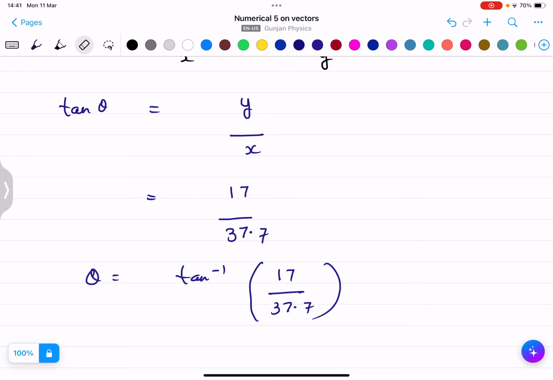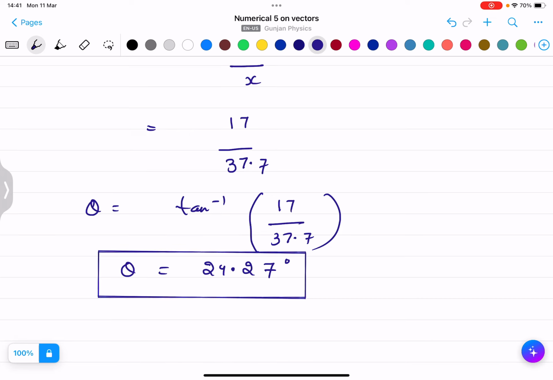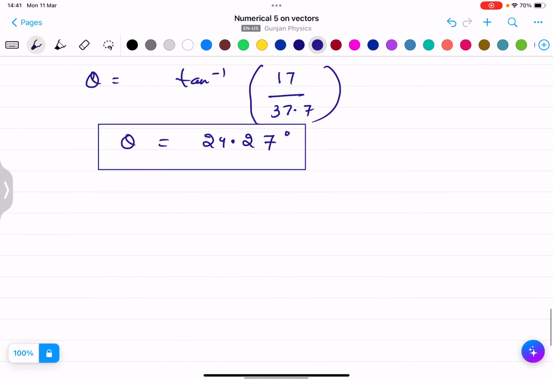So theta is coming out 24.27 degrees. So this is my theta, right? So this is my B part. Now come to the C part.